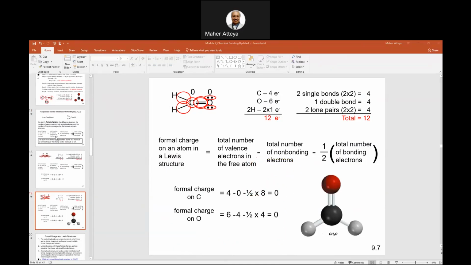Now we have different ways. Correct? We put carbon here, like this. Carbon has 2 here, and 1 here is hydrogen, 1 here is hydrogen. So without calculation, what will it be? 4 total, correct? That's from the periodic table, the number of the group. Minus what's actual on it. It's 4. So the formal charge is 0, correct?